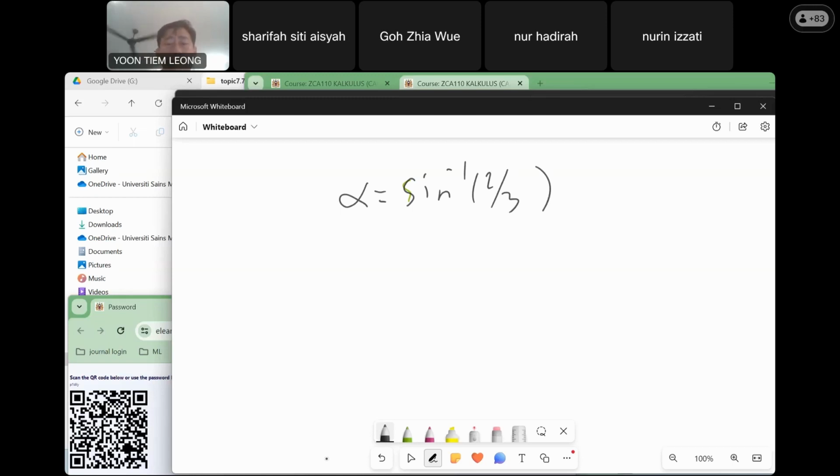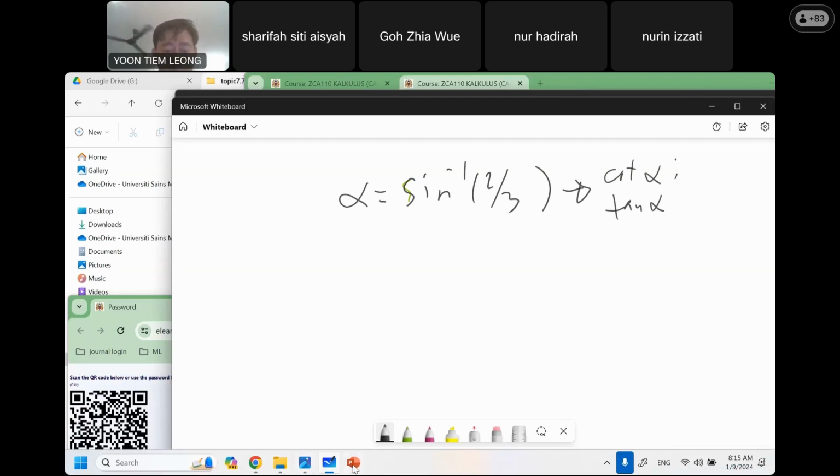Now, once I have written this down, I ask myself what I am going to answer. The answer that I'm seeking is the values of cotangent alpha, tangent alpha, and let me refer to the notes again.